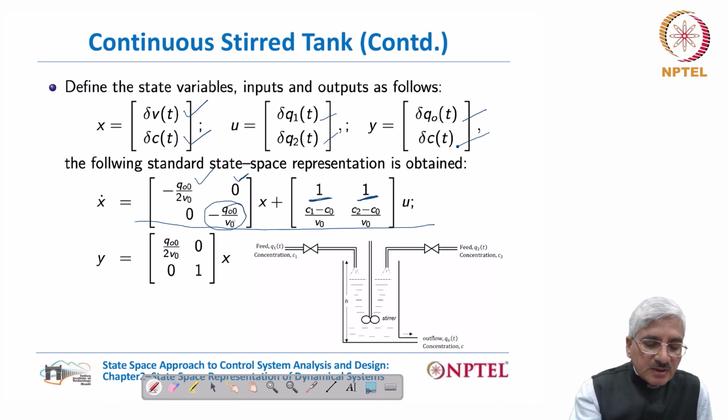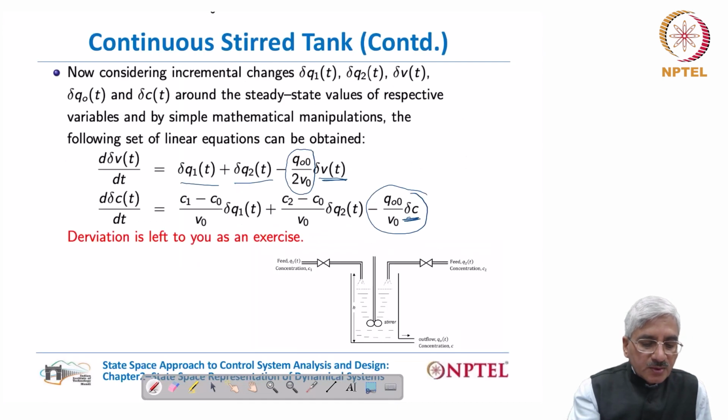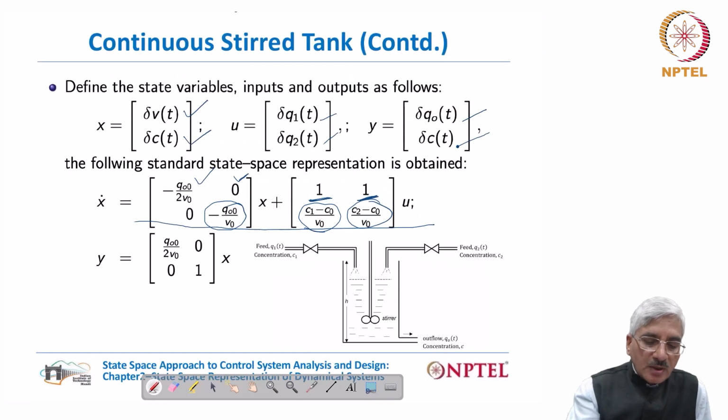That is the only coefficient in this row of that matrix. And the other two coefficients are the coefficients of the inputs, the two feed rates. So this into Q10 and this into Q20. These are the multipliers to the two feed rates.